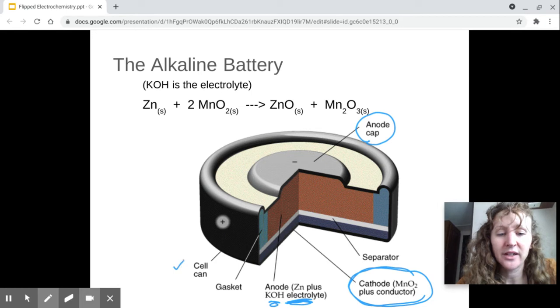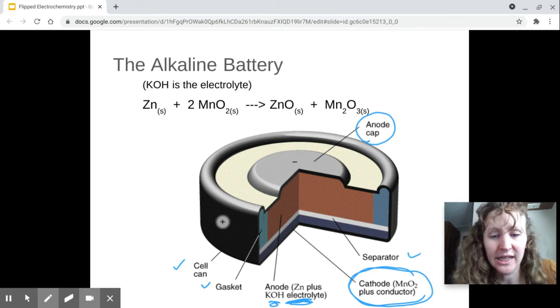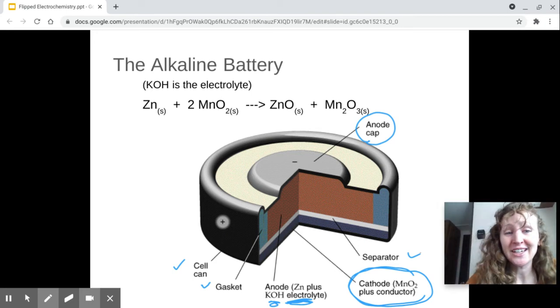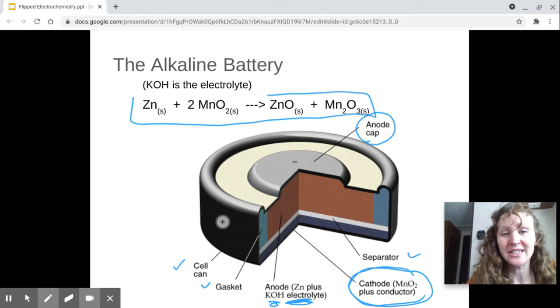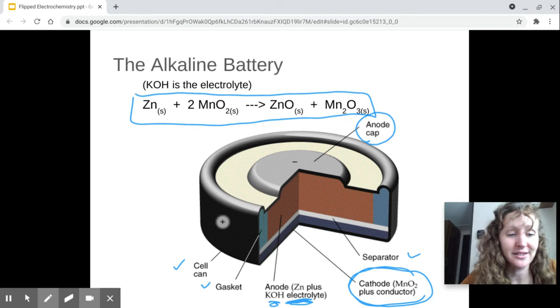And then you have a couple other parts to your battery that just keep it all separated, keep it all insulated, and enable it to connect to the different parts of a circuit when you plug it in. But again, it's just a redox reaction, just like we have been looking at, that can be separated into the two half cells.